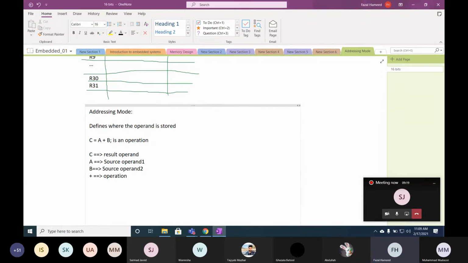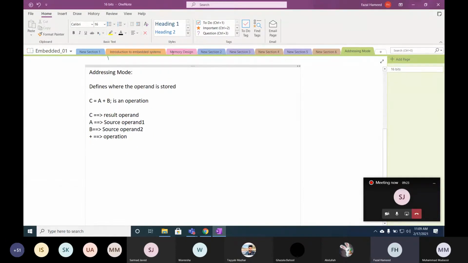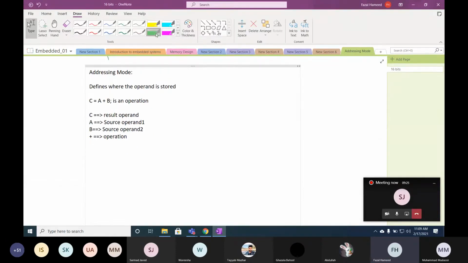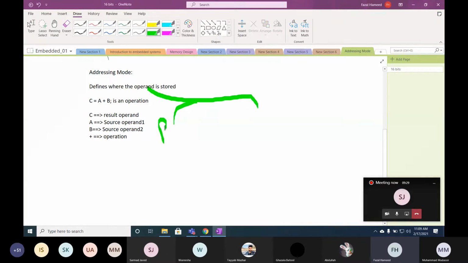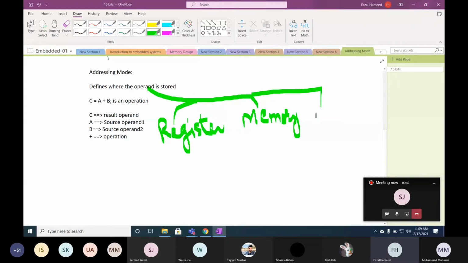Now the addressing mode defines where the operand is stored. So if we want to store the operand, the operand can be stored in a register, or the operand can be stored in memory, or the operand can be a part of the instruction.